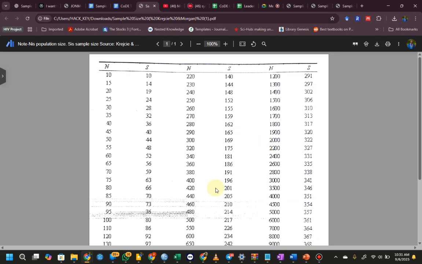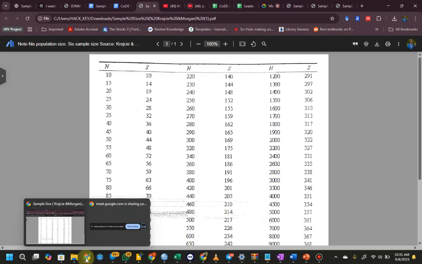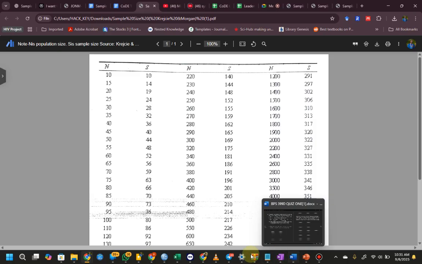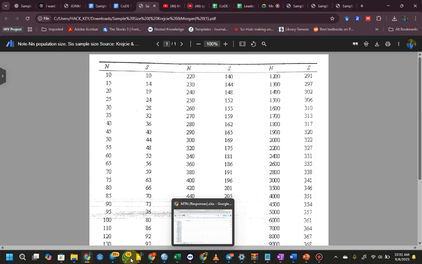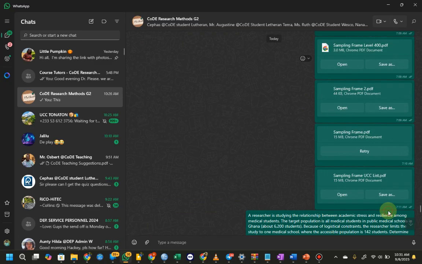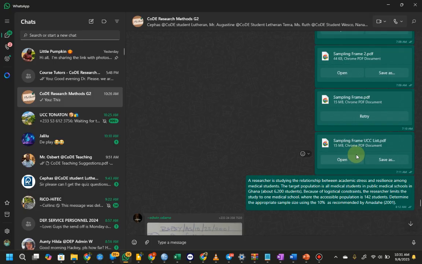Let's have just one last try before we proceed. What would be the sample size for the UCC main list? I think that would be the last UCC sampling frame, the UCC list, the 50 megabyte file.